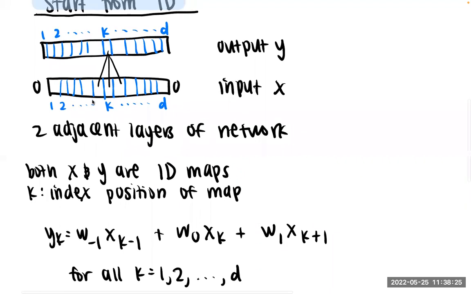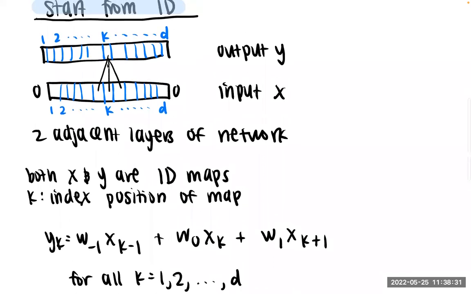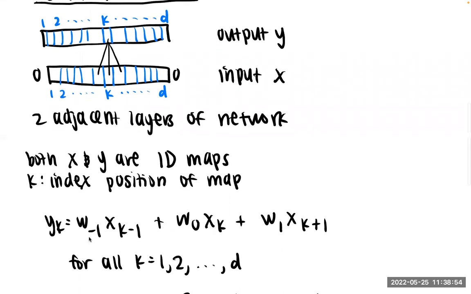Let's consider a simple example. y_k is the value at position k, and we perform the transformation y_k = w_{-1} x_{k-1} + w_0 x_k + w_1 x_{k+1}. And we do this for all k.